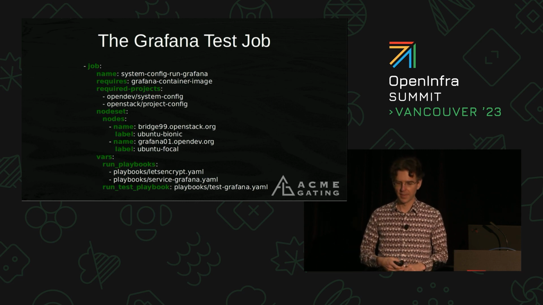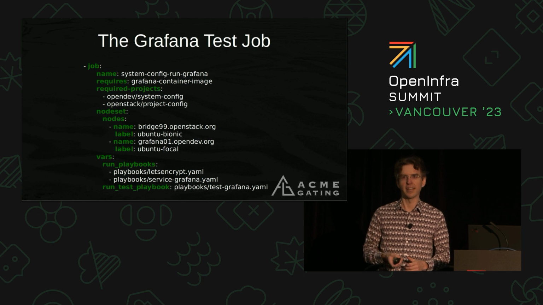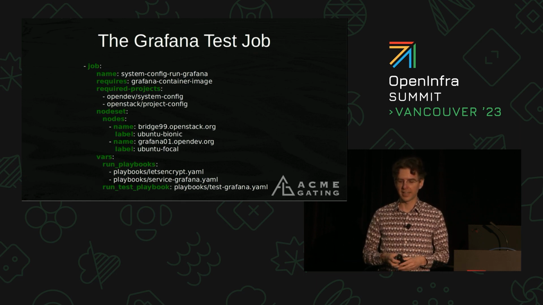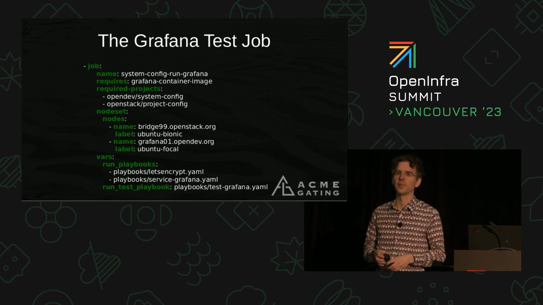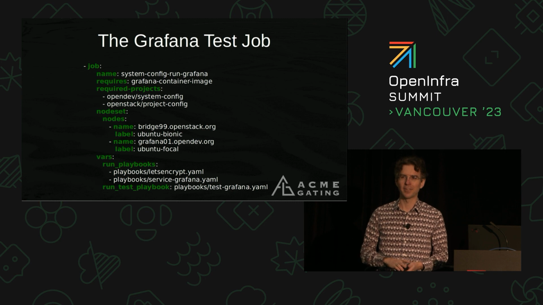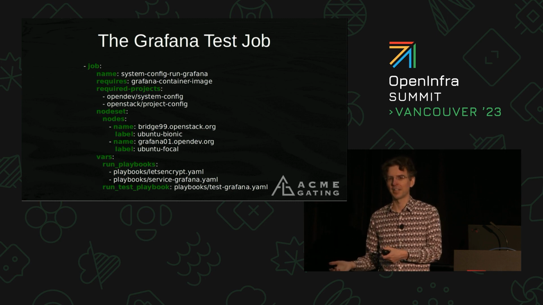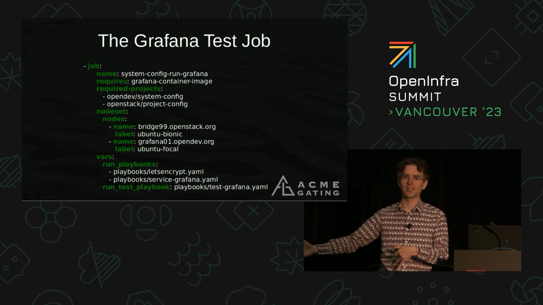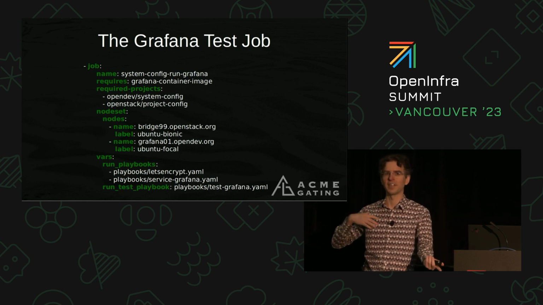So the next thing is the node set. This says, Zuul, I'm gonna need 2 servers. One of them we're gonna call Bridge 99, and the other one we're gonna call Grafana 01. So Bridge 99 is a tiny cheat because it turns out there are a few things that you have to do on an ephemeral bastion host that you can't actually do on a production bastion host, and vice versa.